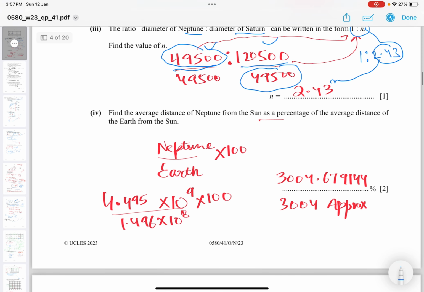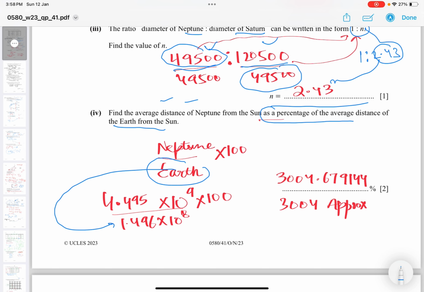The average distance of Neptune from the sun as a percentage of average distance of the Earth from the sun is this. All right. So we have to find the average distance of Neptune from sun as a percentage of average distance of Earth from sun. So let us find the distance of Earth from Sun.